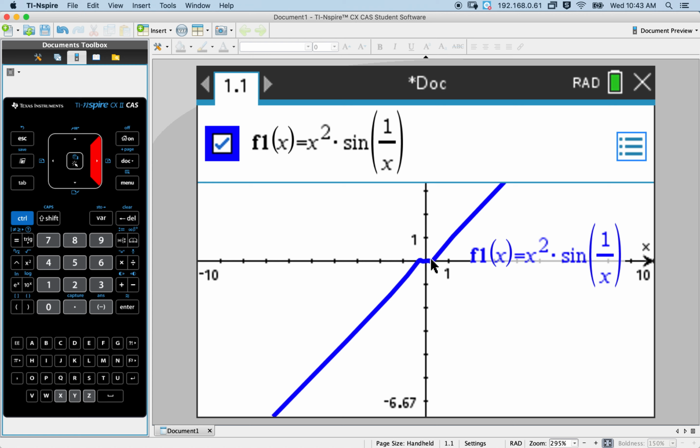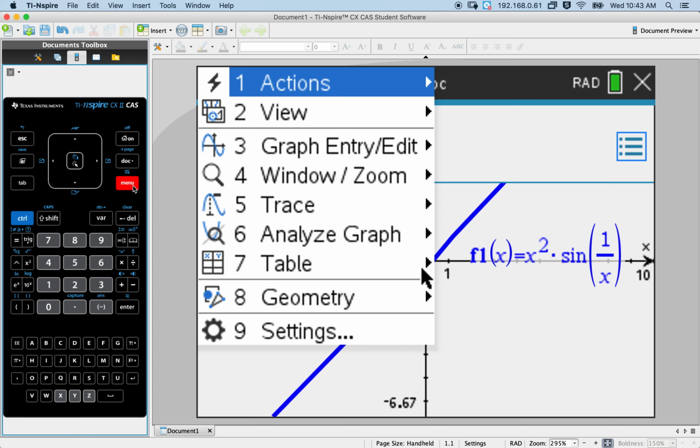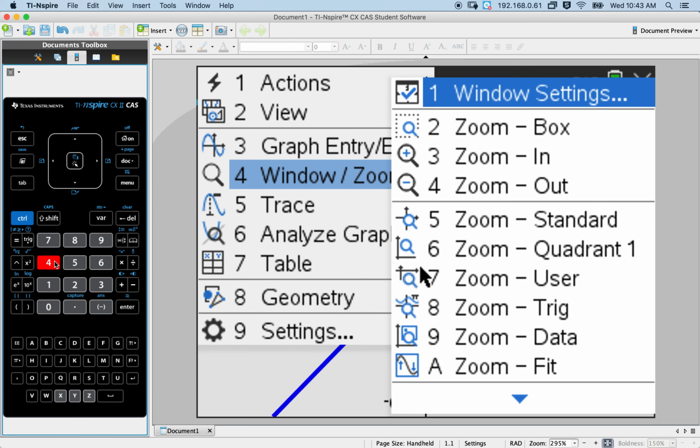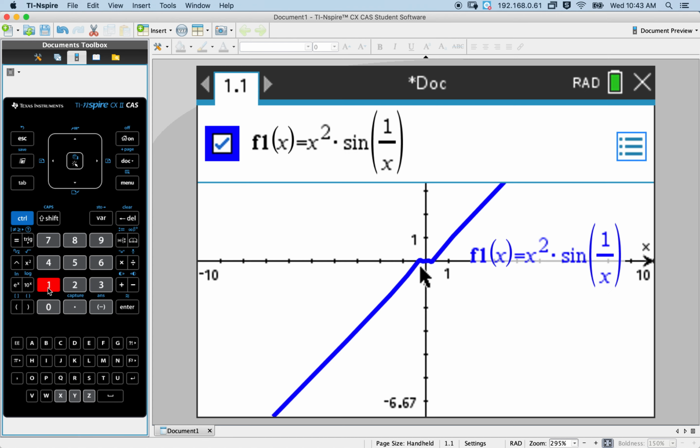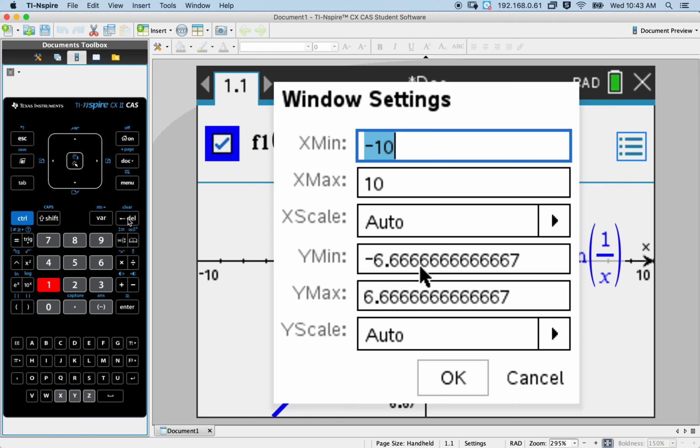Okay, I'm kind of curious what's going on right here because I want to know the limit. So I'm going to adjust my graph, and I might go to Window and Window Settings because I like to micromanage and pick my window settings. So I might make this a -1 and this a 1 and do that with my y value.